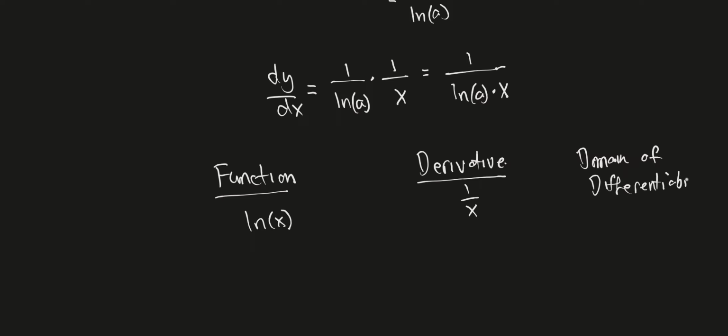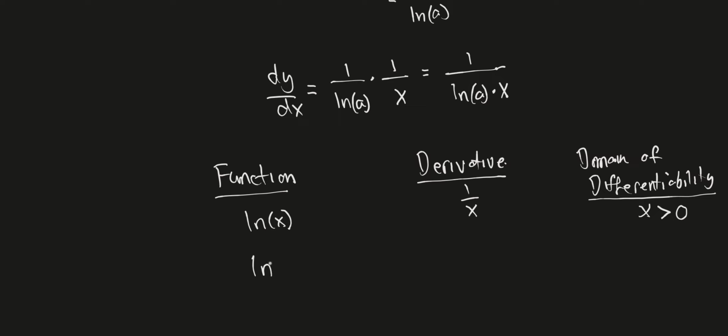Well, this function is defined for all values of x greater than 0, and so is the derivative, so the domain of differentiability for this function is x greater than 0.